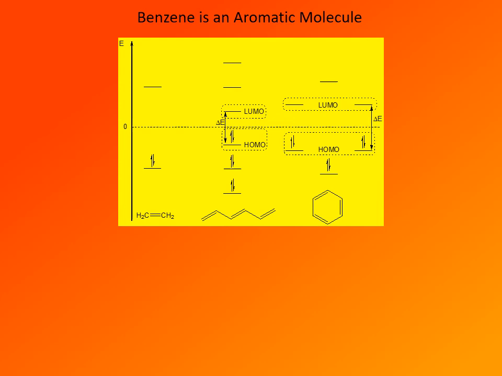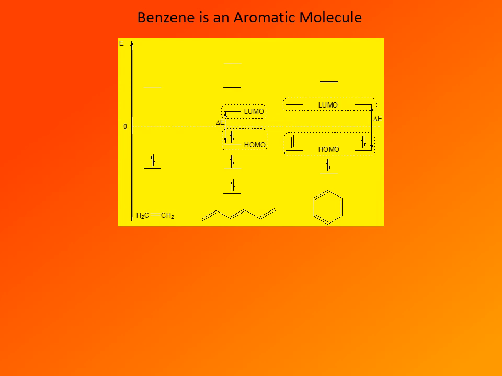Psi2 and psi3 are considerably lower in energy compared to the pi3 orbital of 1,3,5-hexatriene. So the HOMO orbital of benzene is much lower in energy compared to the HOMO orbital of 1,3,5-hexatriene. And the LUMO orbital of benzene, because psi4 and psi5 are also degenerate, is much higher in energy compared to the LUMO orbital of 1,3,5-hexatriene.